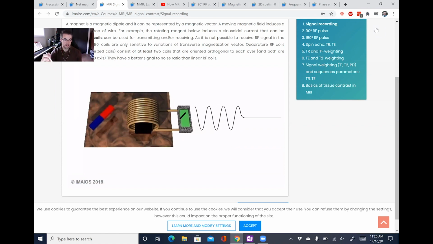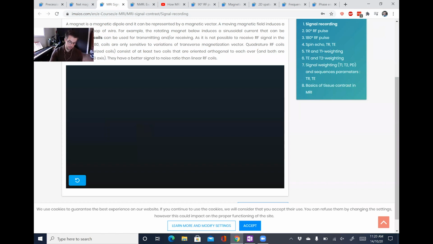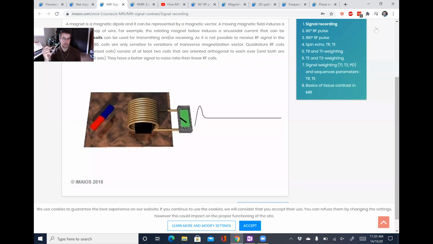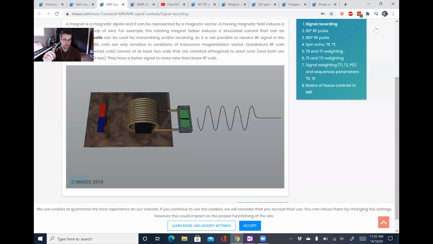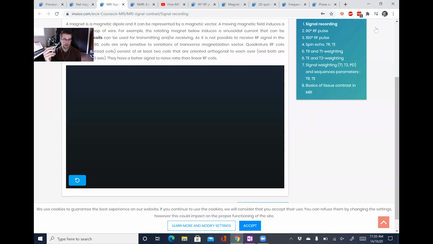There's a conductive coil of wire, probably copper or something, that has a current induced in it that is being measured by that little green gauge on the right and recorded as a sine wave. So that is an electrical current that we can record using electronics, right?